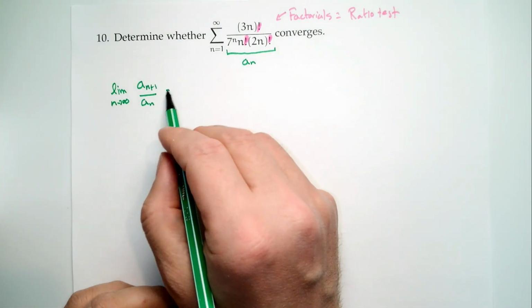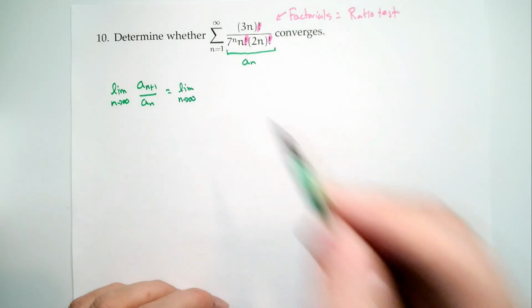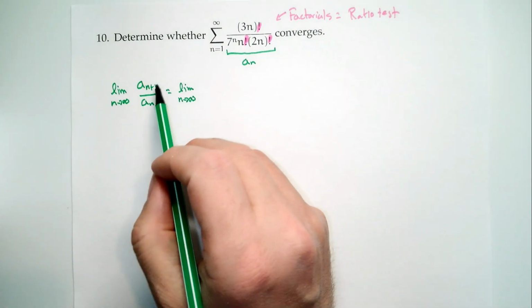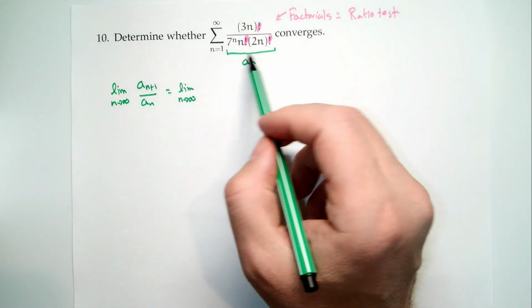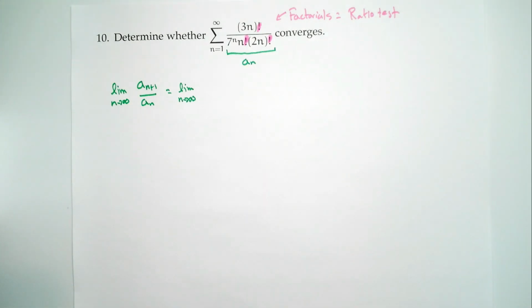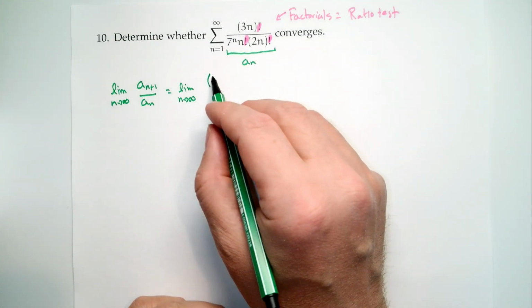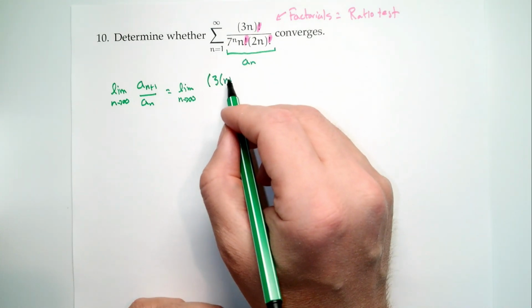So, there's a couple of hard things to do here, but if you're aware of them and you think about them, then they don't become so hard. The first hard thing is, how do I get the next term? The answer is, I come here and everywhere I see an n, I'm going to put an n plus 1. And this is a case where parentheses are your friend. You want to hang out with parentheses and say, hey, parentheses, let's work together. So 3, and everywhere I see an n, I'm going to put a parenthesis n plus 1.